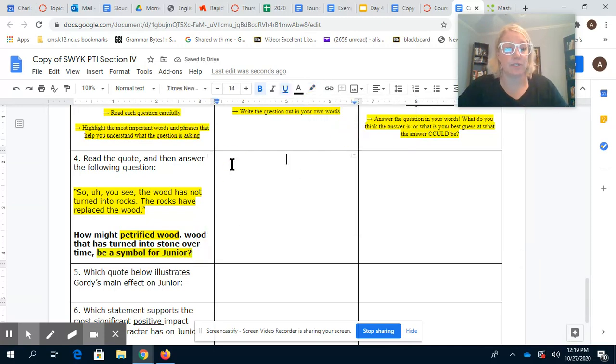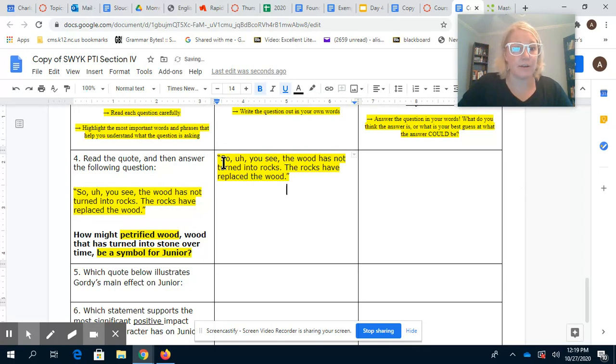So when I put this question into my own words, I'm going to include the whole quote because that is important. How does the quote show that petrified wood is a symbol for Junior? Okay. All right, very good.